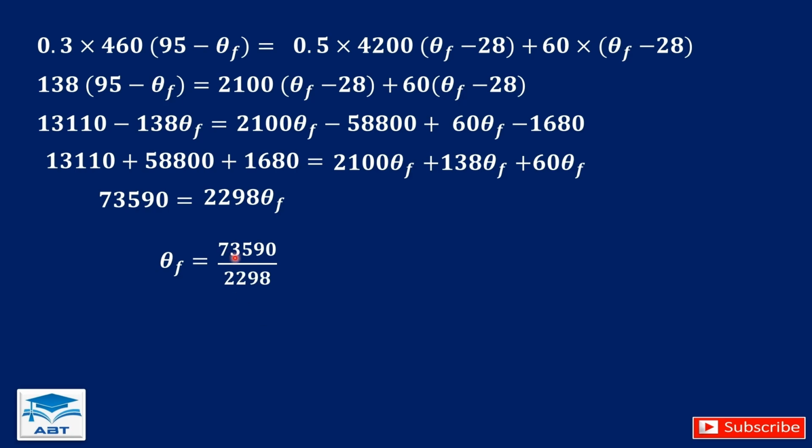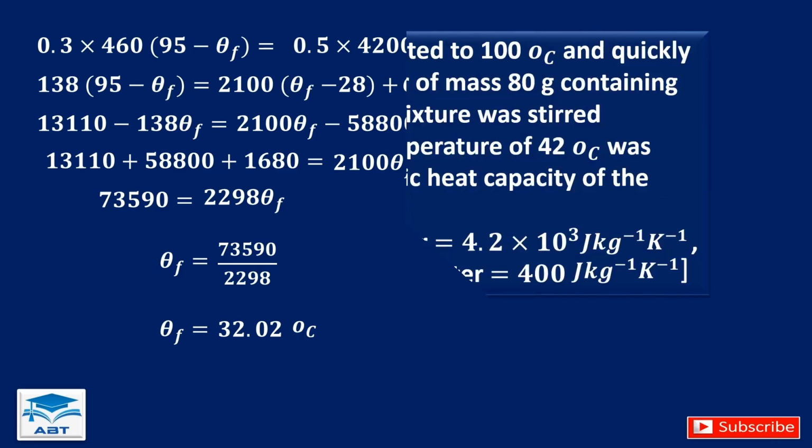And 73590 divided by 2298 is 32.02 degrees Celsius. And this is the final temperature of the mixture.